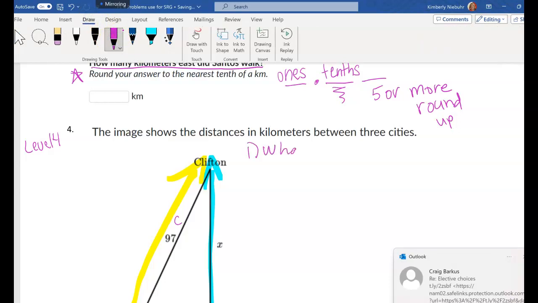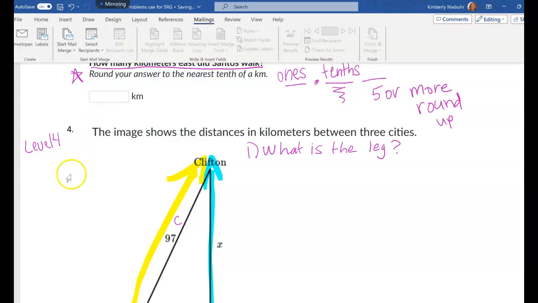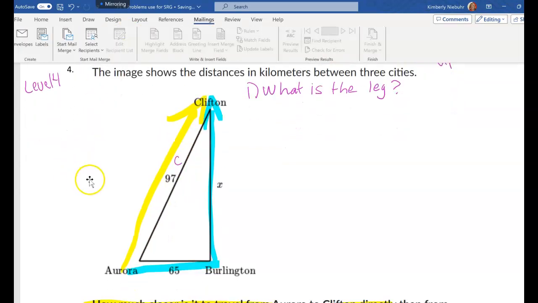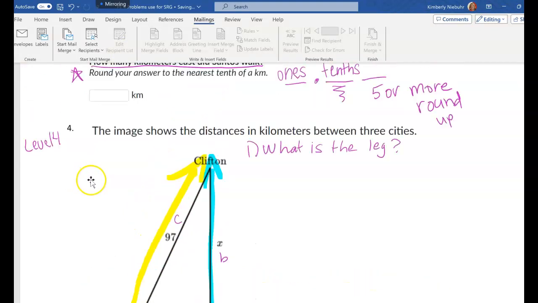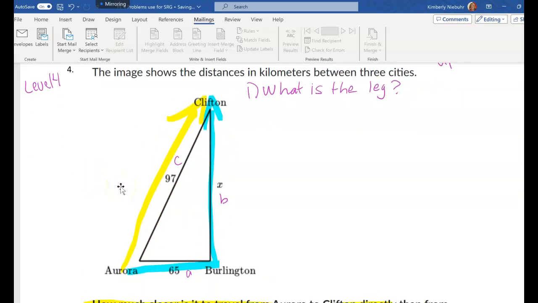To make this easier, we're just going to call this B, and we're going to call this A. So 65 squared plus B squared equals 97 squared, right?